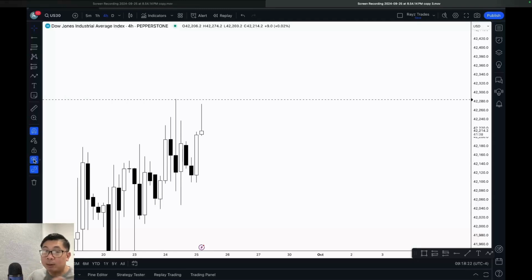My bias is still bullish, but it doesn't mean I will get into longs, because I'm a session-based trader. I trade based on that particular session, and right now, this session, I don't want to go long. I hope that makes sense.